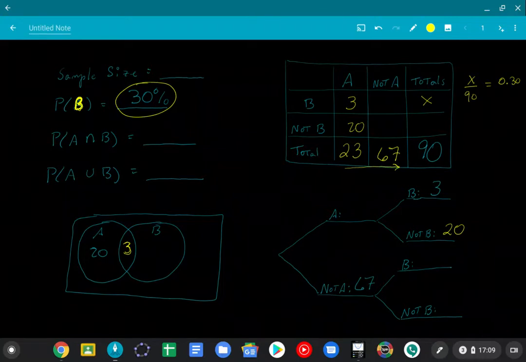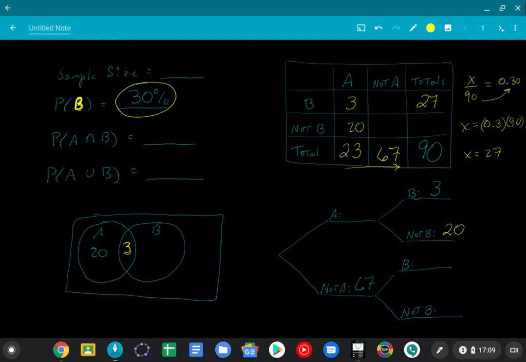The probability of B is x over 90, the total B over the total. Now, if I take that 90 and multiply it across, x is going to be equal to 0.3 times 90. And that's going to give us 27. And there you go. That's going to be 27 right there.